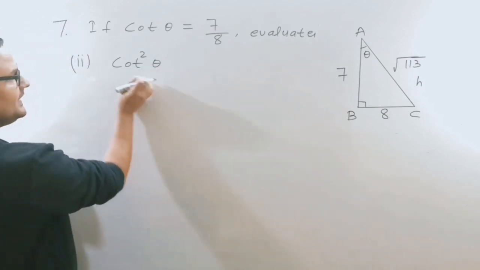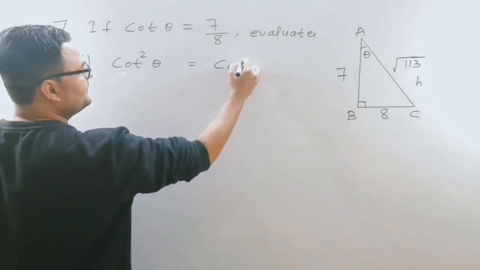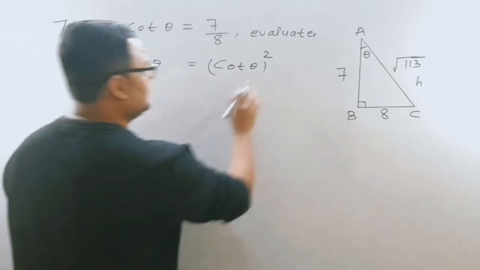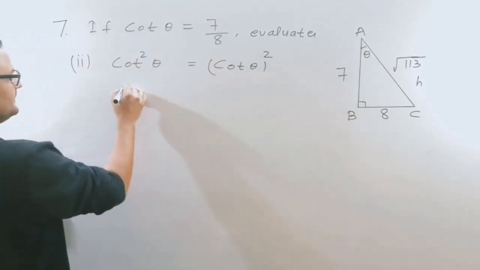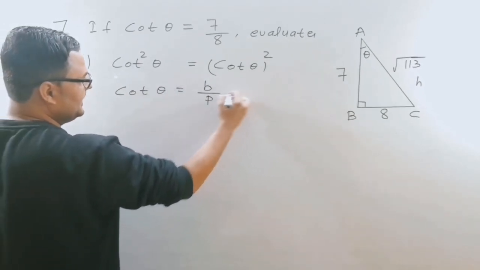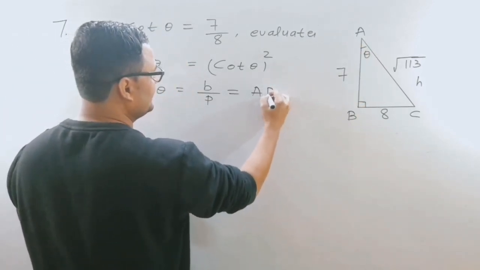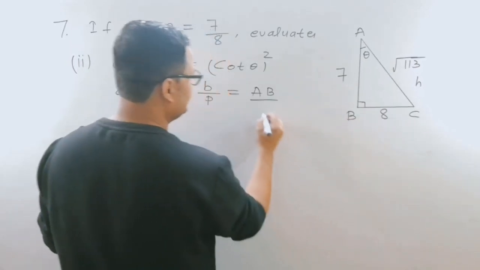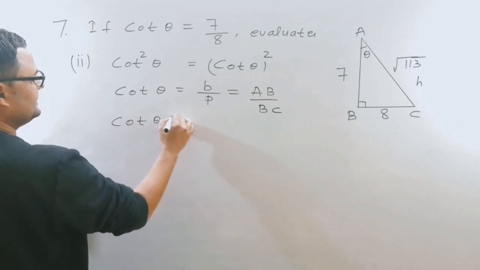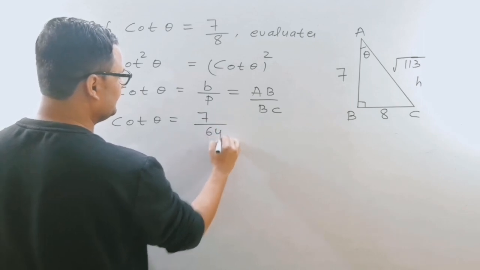You don't have to get confused about what cot square is. Cot square theta is also equal to cot theta square, both are the same. Now, for this angle theta, cot theta is equal to base by perpendicular. For this theta, the base is AB and the perpendicular is BC. Now, cot theta is equal to AB, which is 7, and BC, which is 8.